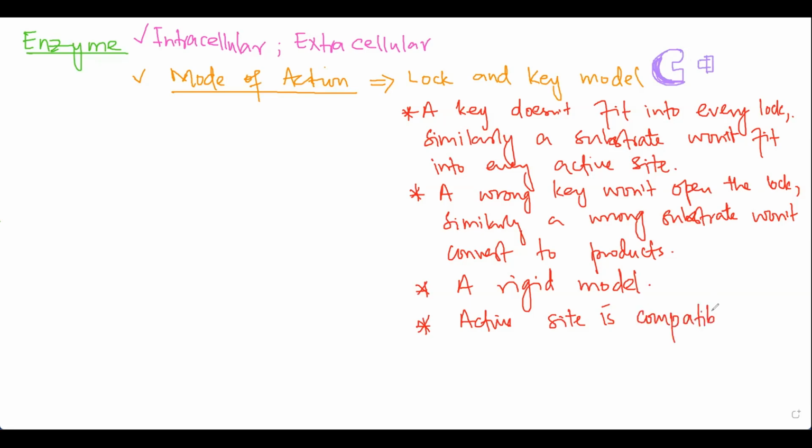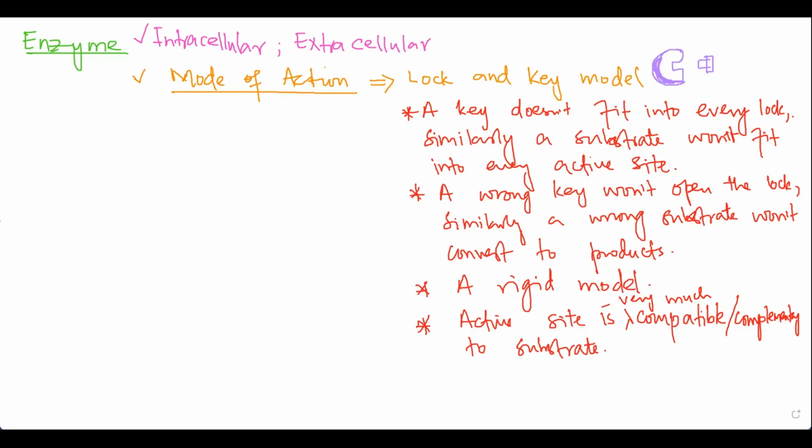Never say same, I'm sharing the wrong things, mistakes. Compatible. You may say complementary. The active site is very much complementary to the substrate. That will help you understand much in the coming discussion.